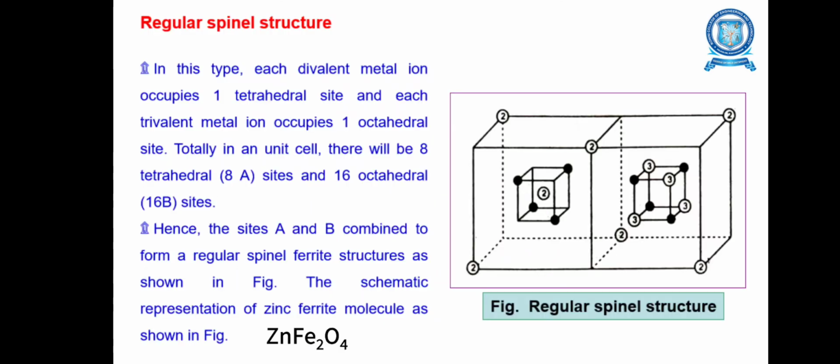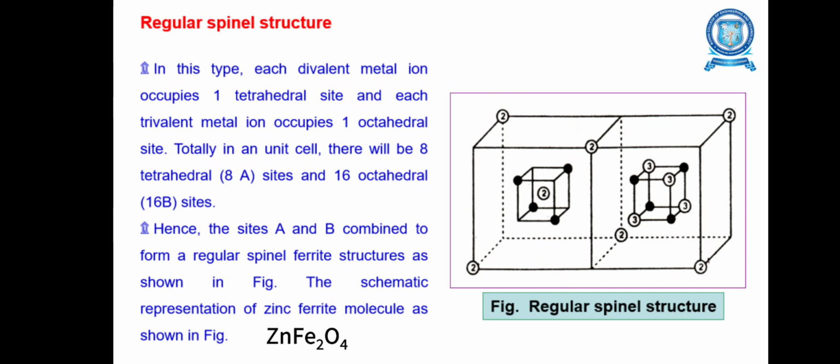Regular spinels are materials in which each divalent metal ion occupies one tetrahedral site and each trivalent metal ion occupies one octahedral site. So there are 8 tetrahedral sites and 16 octahedral sites.